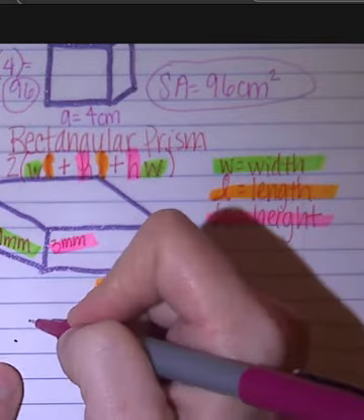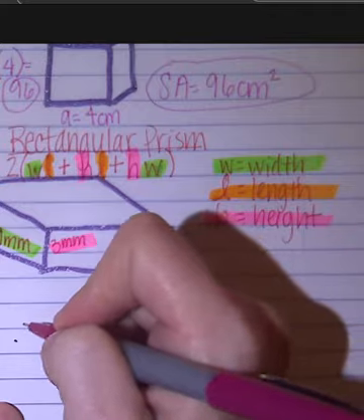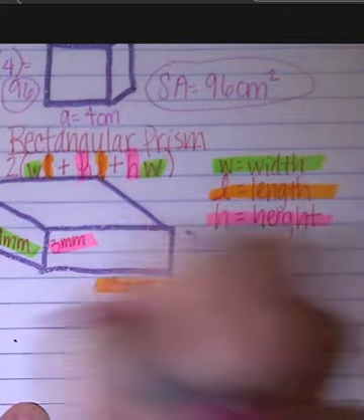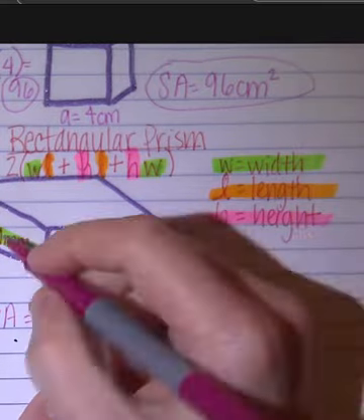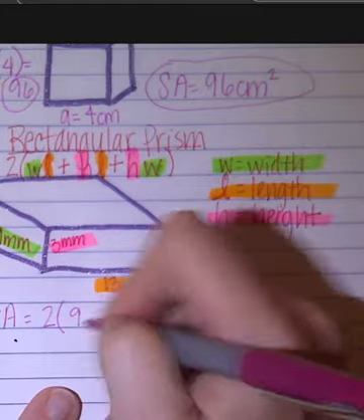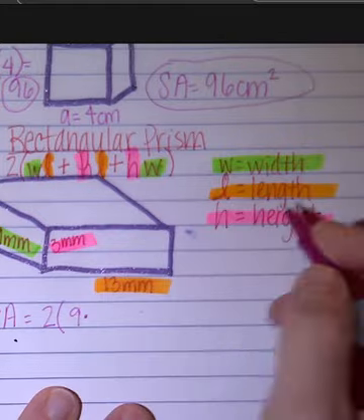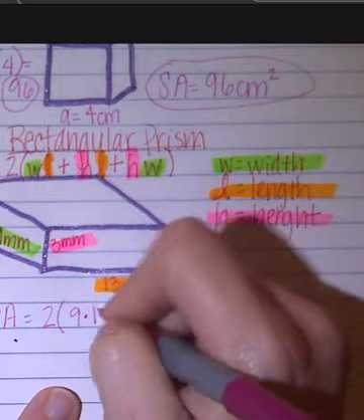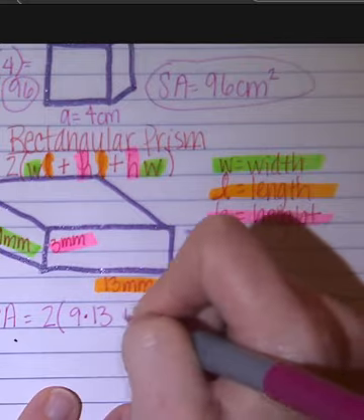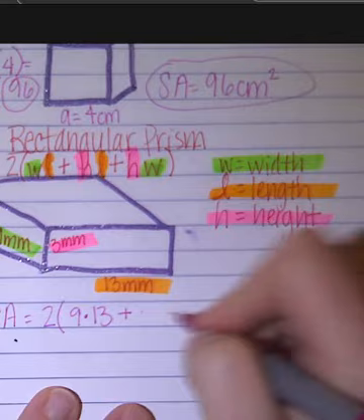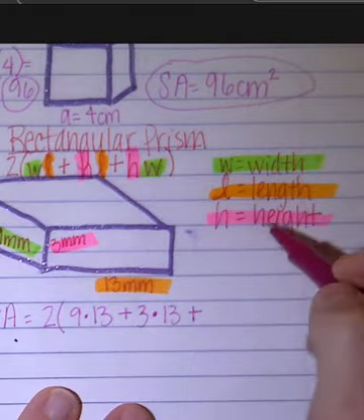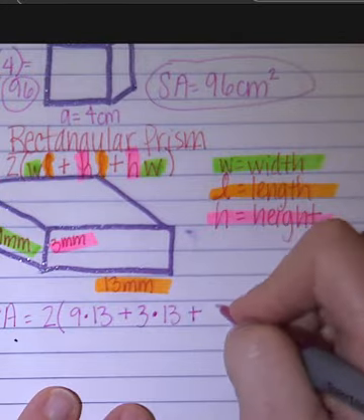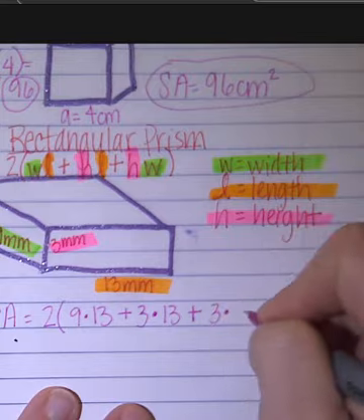Okay, so now that I've color-coded all that for you, you should be able to just rewrite it and plug in your numbers. So we have here SA equals 2 parentheses. Okay, so now we're going to do 9 times L, which is 13, plus 3 times L, which is 13, plus 3 times 9.